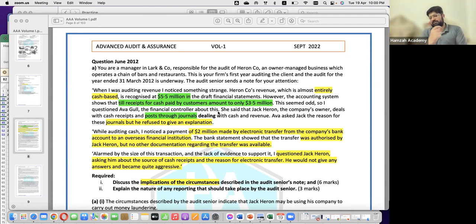The international transfer was authorized by Jack Heron, with no documents available.